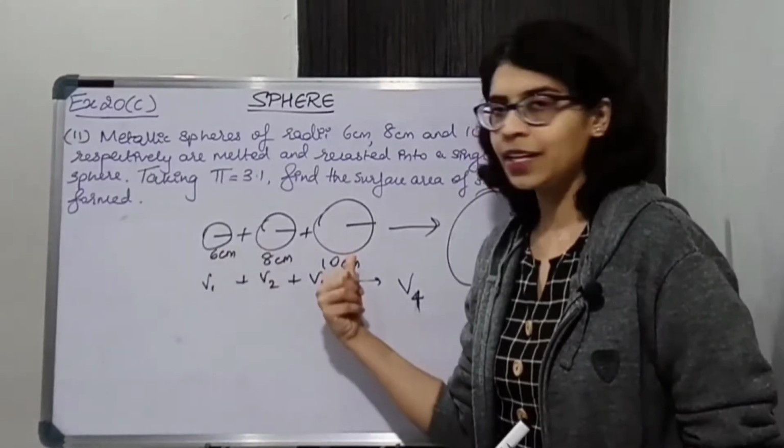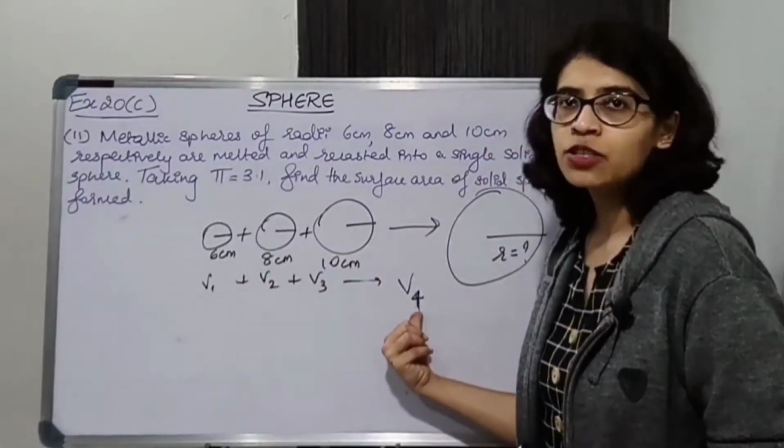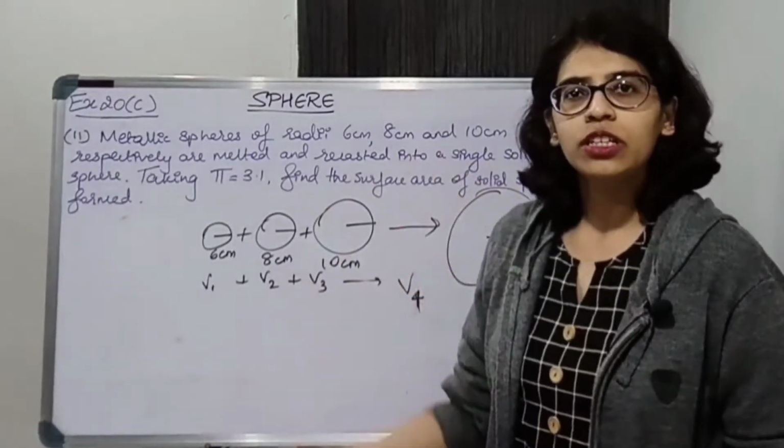You have the radii of all these 3, so you can easily find the radius of this sphere. All right, so let us write down the given first.